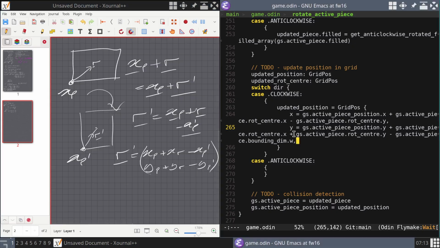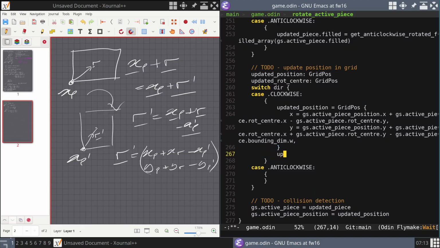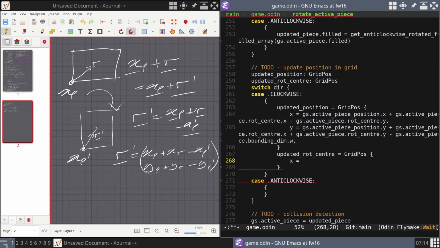We now have all of those values, so I think we can say in here, once we've got the updated position, get updated rot center is equal to another grid pos. X is equal to game state active piece. Click on it. Do it. It's GC, not GS.